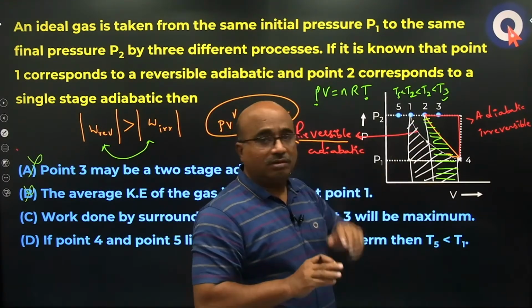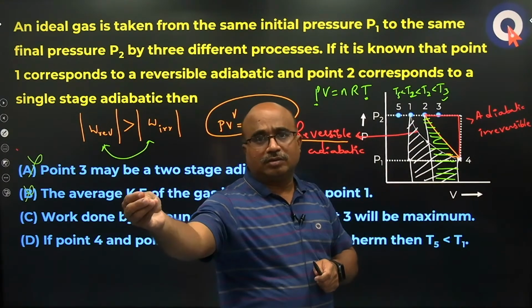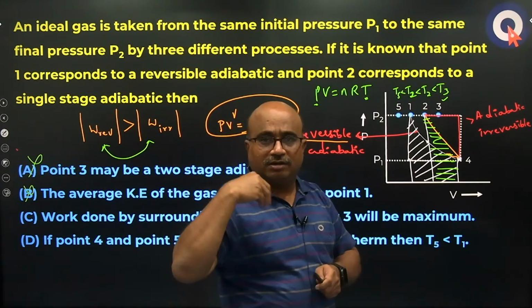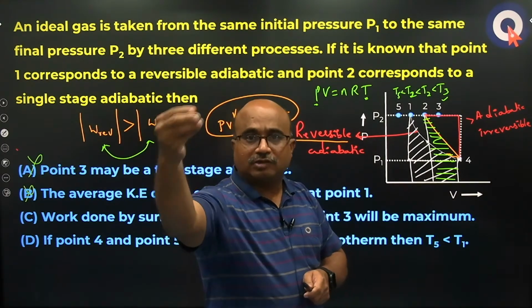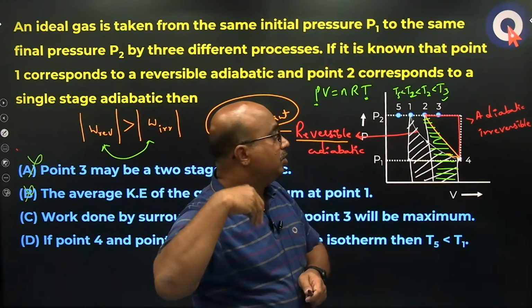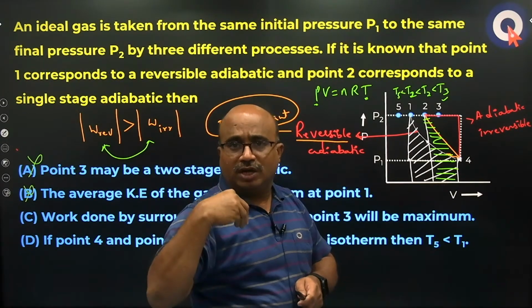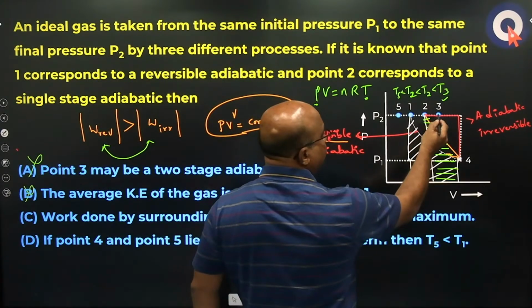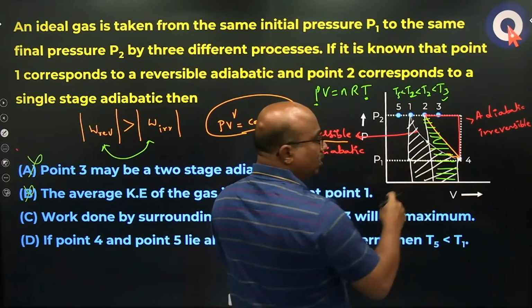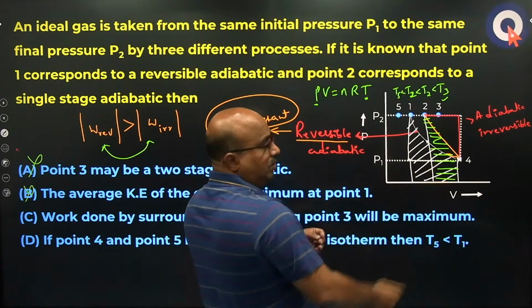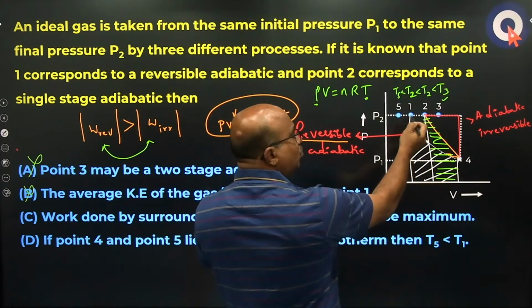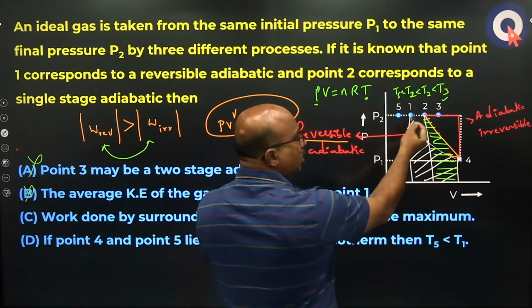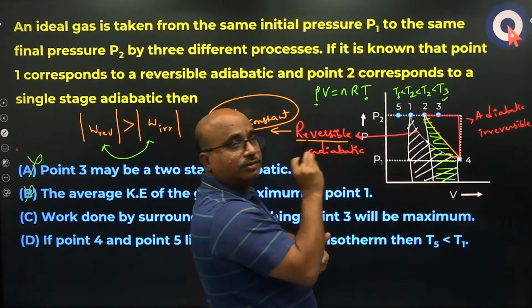It will be something that the system has taken some heat from the surroundings. System has taken some heat from the surroundings, means some heat has to flow to increase the temperature up to this. Because if only the work energy is utilized, it may go to 1 or 2, because both these processes are adiabatic processes.